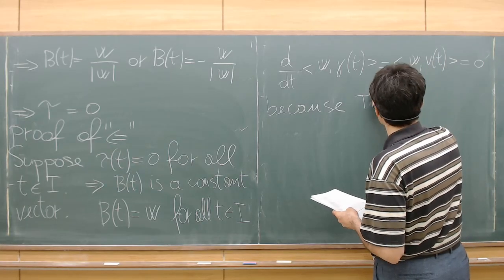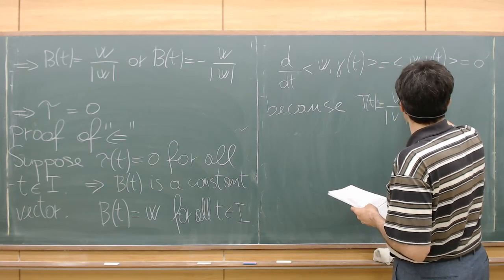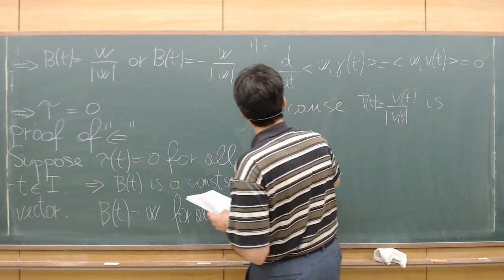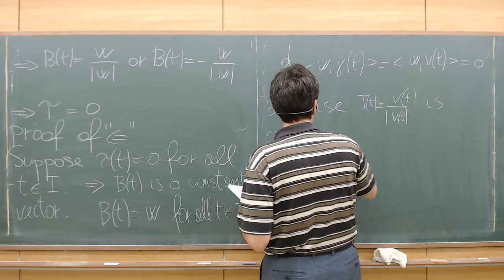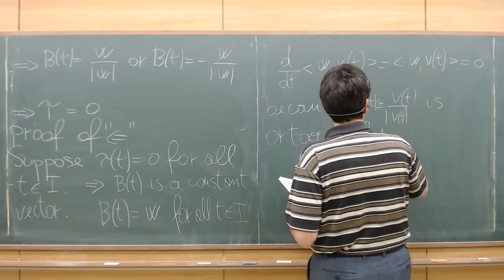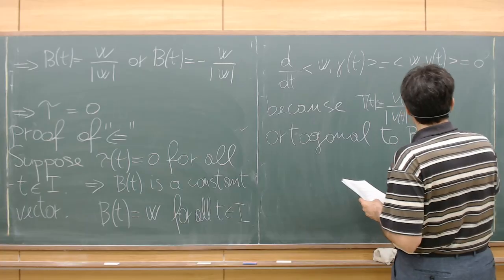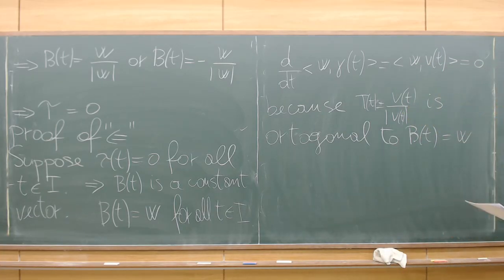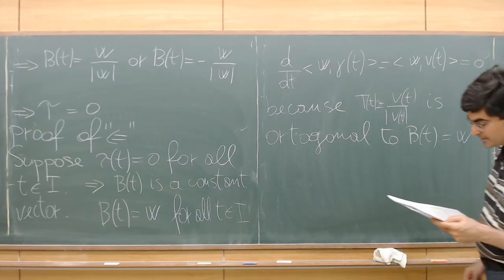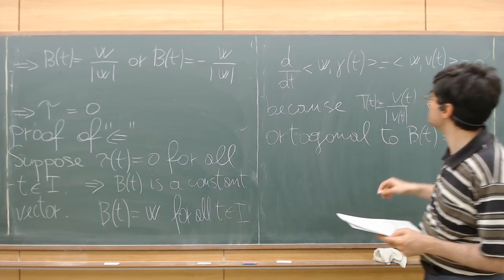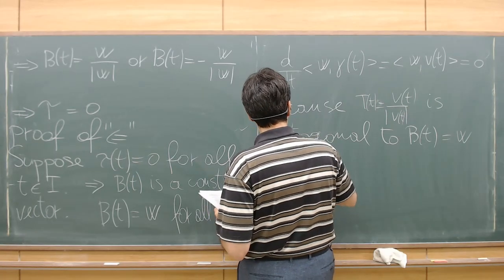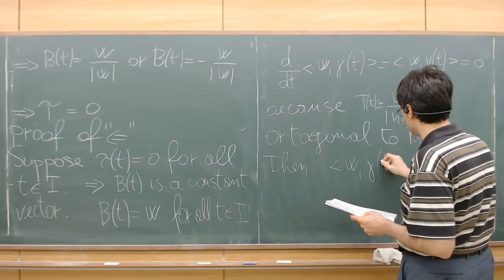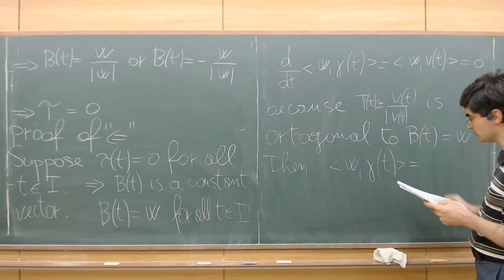Let's write also that T is orthogonal to B(t) equal w. But if this is 0, then the function w multiplied by gamma(t) is equal to a constant.